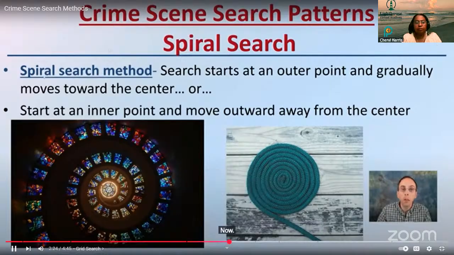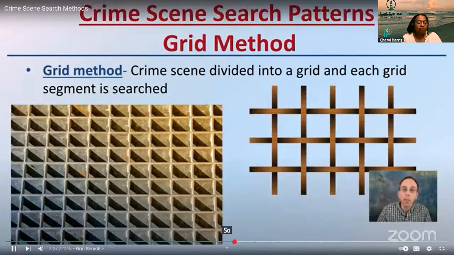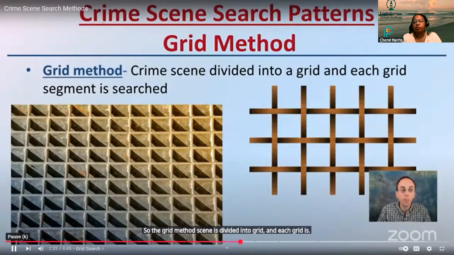Now, moving on from a spiral search, we also have a grid method. In the grid method, the scene is divided into grids, and each grid is searched. You also want to use measuring tools with this so that you know how big your grid areas are.